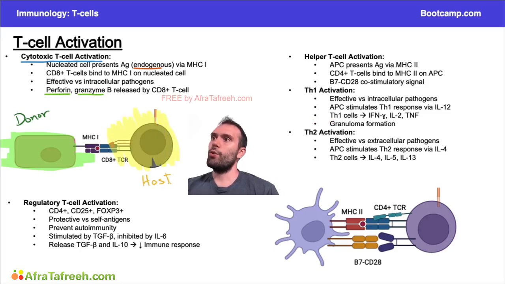So this is the host or the recipient that received the graft. What can happen is this MHC receptor might be somewhat foreign. It might not have the same exact HLA compatibility. And so these host cells will recognize, hey, this is not a self-antigen, and they'll actually start to destroy these donor cells for that reason.